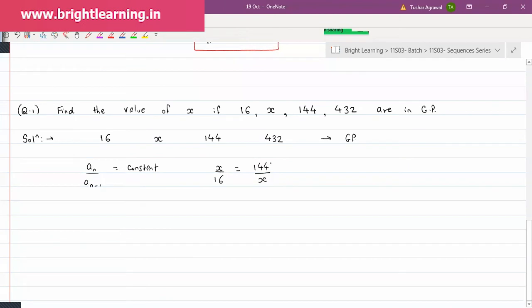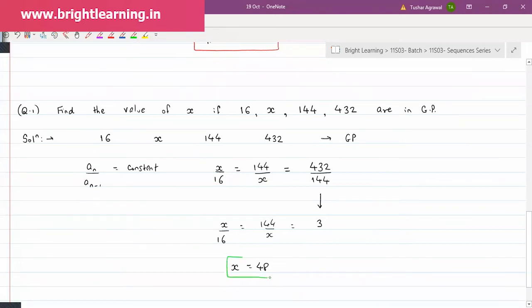But to make your work even easier, the direct value of the division, 432 upon 144, term upon its previous term, is given. This value turns out to be equal to 3. And x upon 16 equals 144 upon x. From both the equalities, you can see that x is indeed equal to 48.